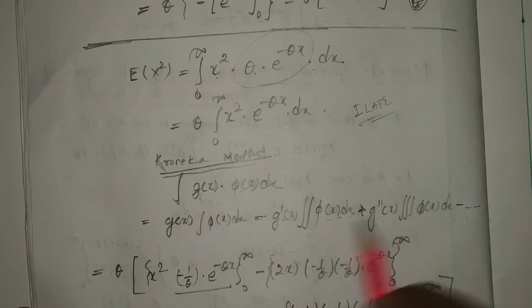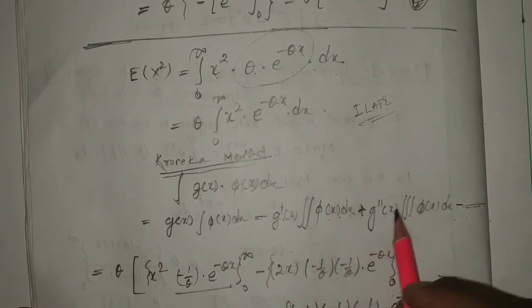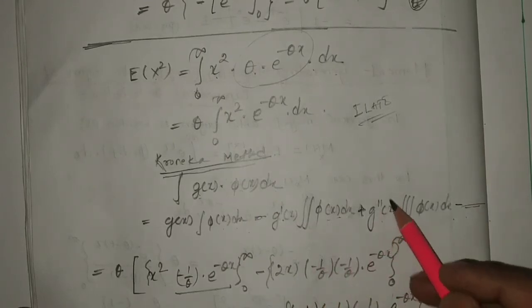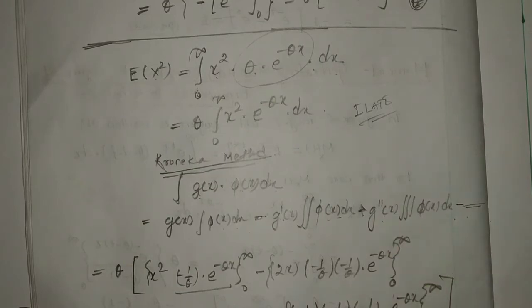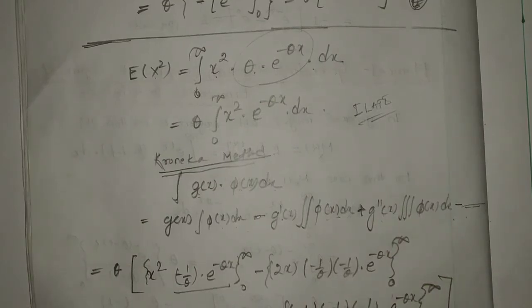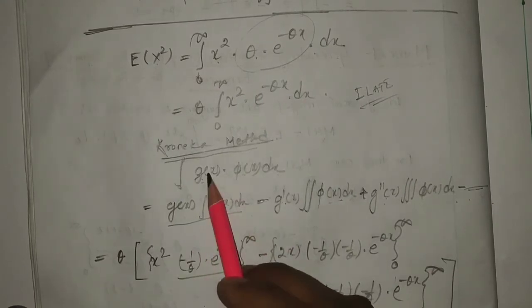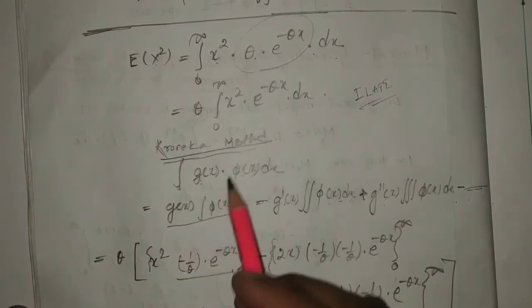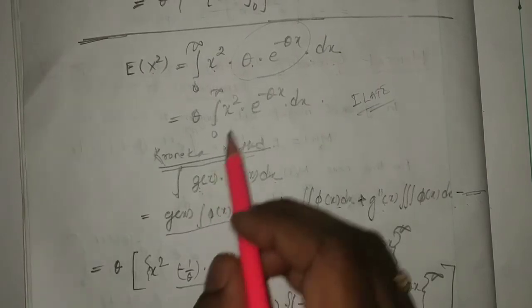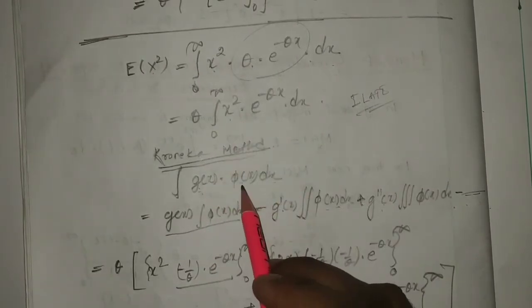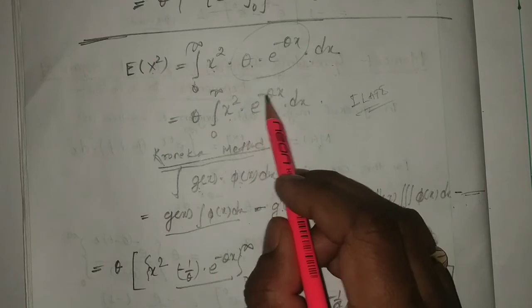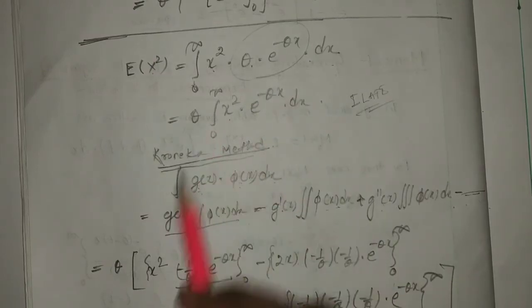Up to that we are going to consider, but here up to g double dash x is enough for us. So the first term will be g(x); here instead of g(x) we have x square, and instead of phi(x) we have e to the power minus theta x, and theta is taken outside.